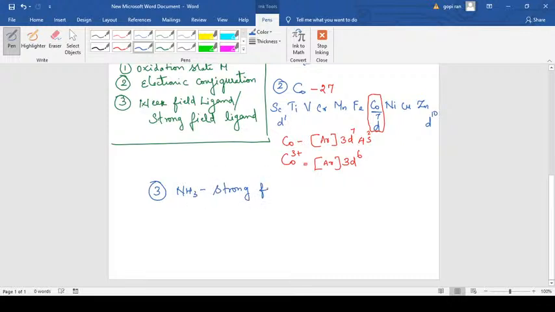If it is a strong field ligand, electron pairing takes place. If it is a weak field ligand, pairing does not take place. So here ammonia is a strong field ligand. And you can ask me that.